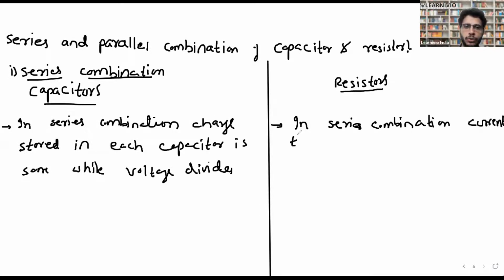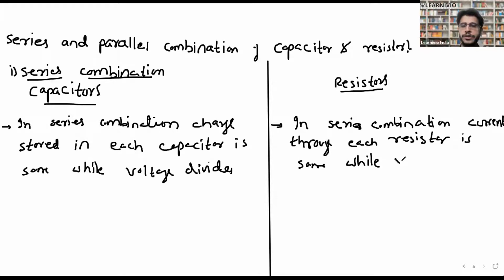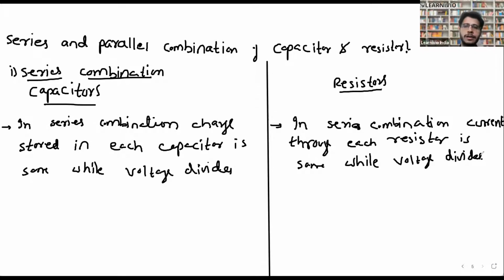Current through each resistor is same while voltage divides. So in series combination, charge is same while voltage divides, and in resistors, current is same while voltage divides.